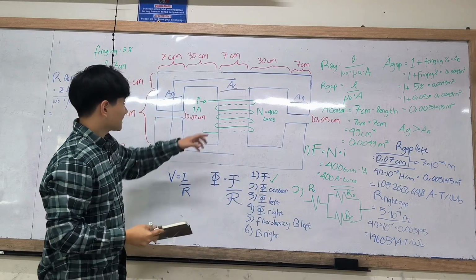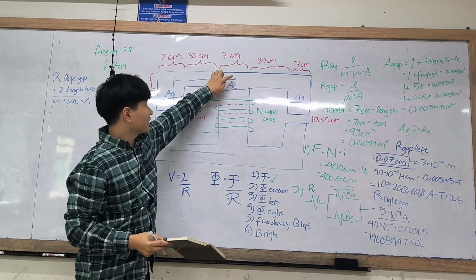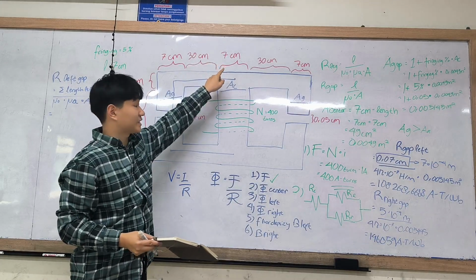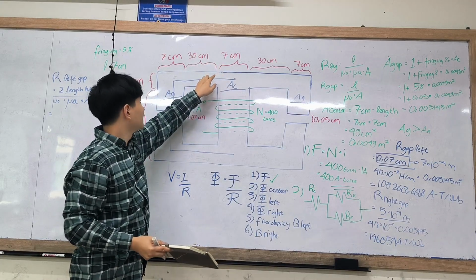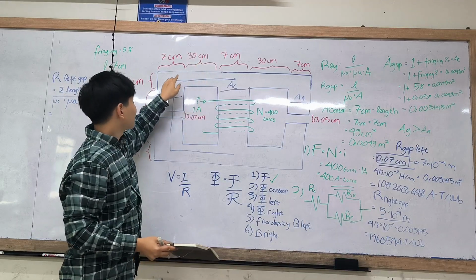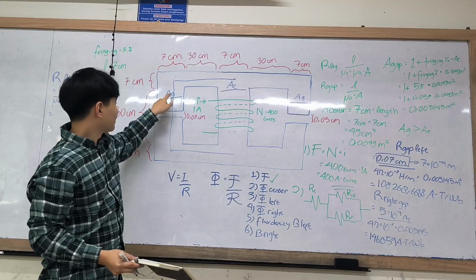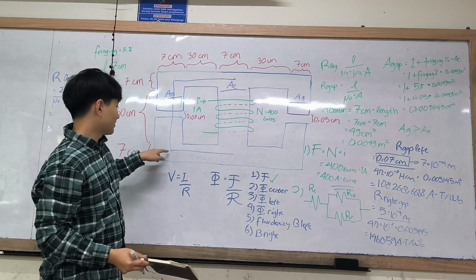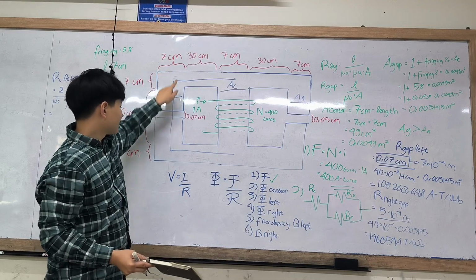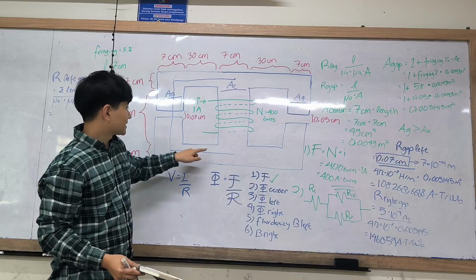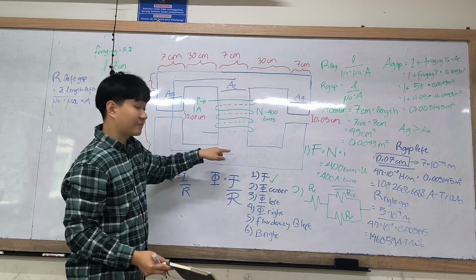What we can infer is that it starts from this point, goes by half of 7 cm, which is 3.5 cm, plus 30 cm, plus 3.5 cm, and again here plus 3.5 cm, plus 30 cm, plus 3.5 cm, and again from this part plus 3.5 cm, plus 30 cm, and from this part plus 3.5 cm.